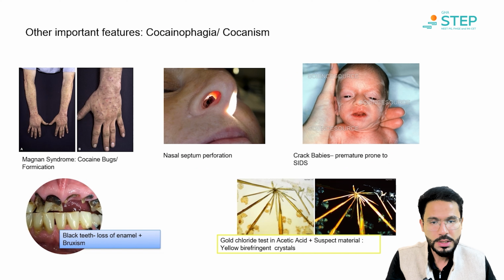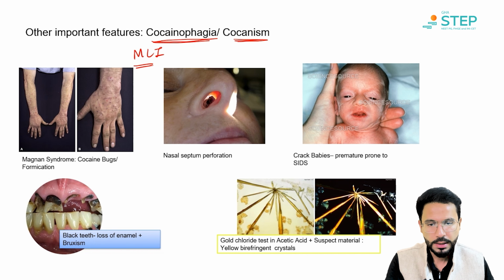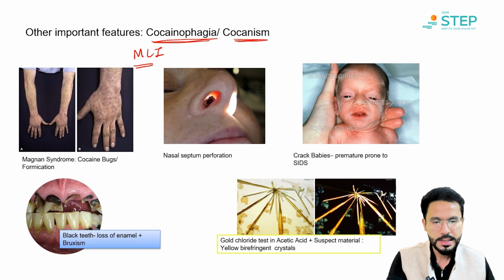Other important features or medico-legal importance of cocaine: chronic cocaine ingestion is known as cocainophagia or cocainism. And what are the other things other than Magnan syndrome? Nasal septum perforation. So if a person is continuously ingesting cocaine, this person can have a nasal septum perforation. Crack babies are babies who are premature and prone to SIDS.